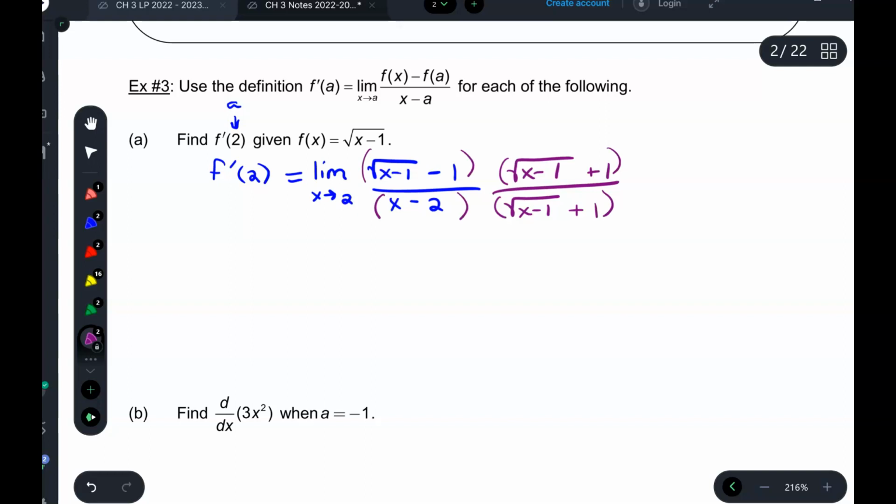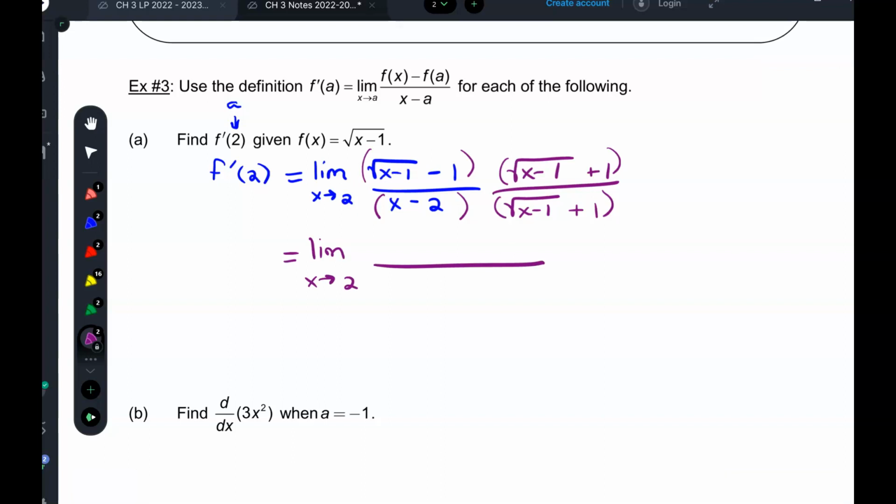Of that numerator. Why? What do we want to get rid of? We want to get rid of that square root in the top. Am I going to FOIL the bottom? Please do not, right? That's going to make it a crazy mess. Okay, here we go. Now the top, I am going to multiply out because these are two conjugates.